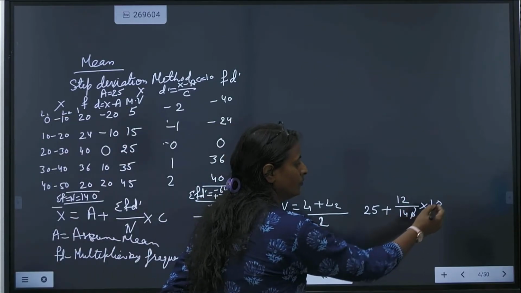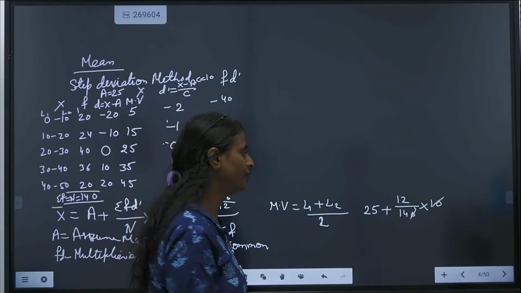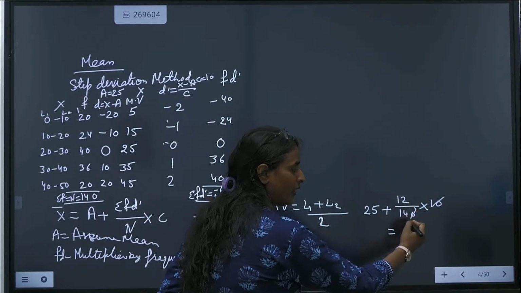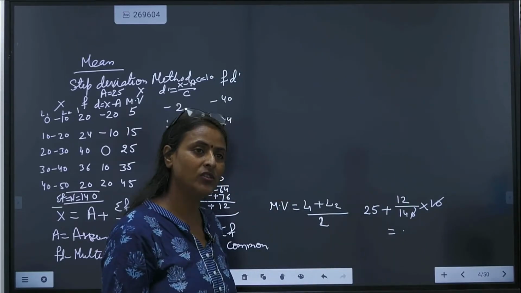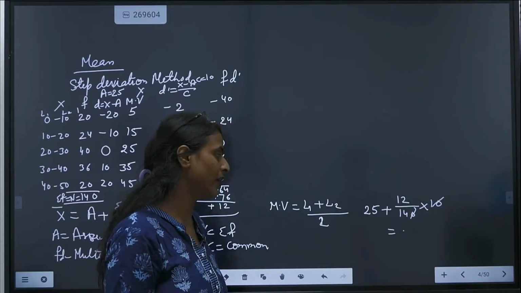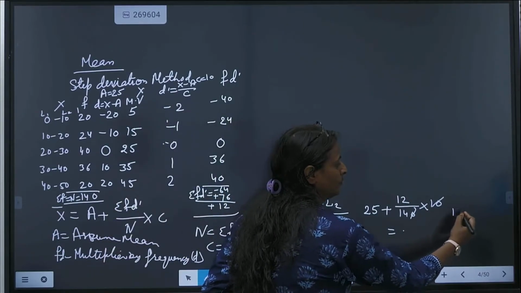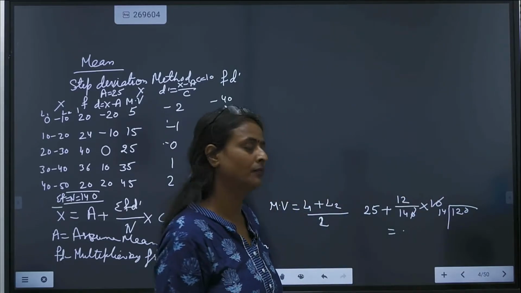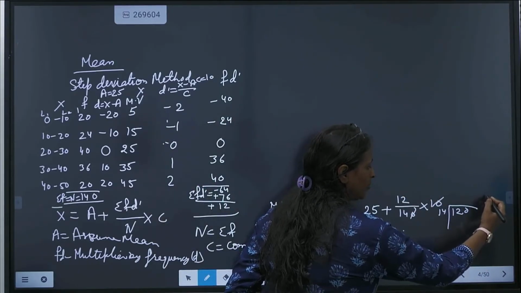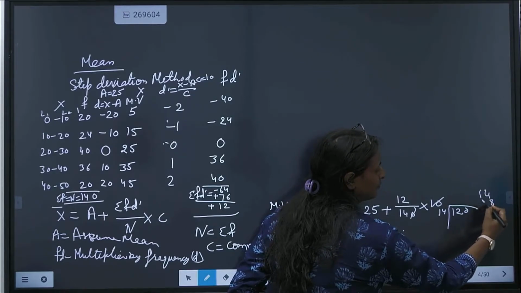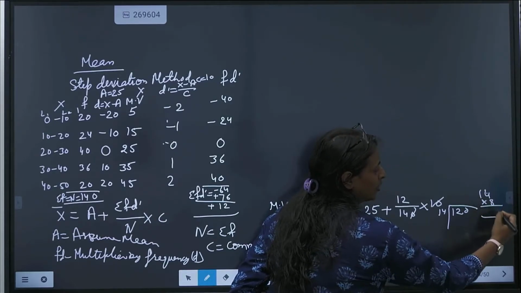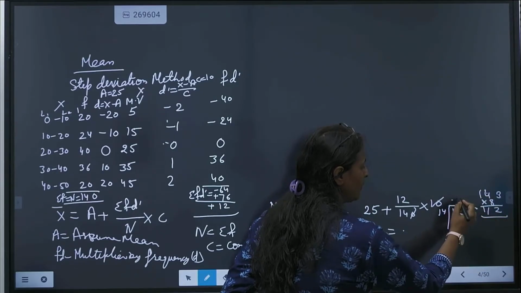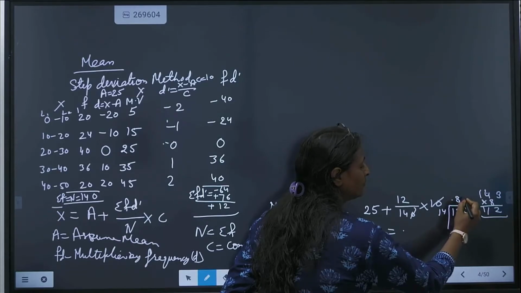Now we cross 0 from 0. When we divided 12 by 14 point, it's 120 divided by 14. It's, I think, 8 times. 8 4 ja 32. 0.8.57.